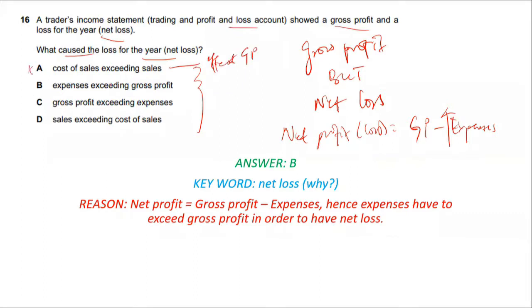So option A is wrong. Expenses exceeding gross profit, yeah, it sounds very correct. But we would read option C and D as well. Gross profit exceeding, no. So this is definition of net income or net profit. Sales exceeding cost of sales, again, this is definition for gross profit. So option B is the correct answer here.